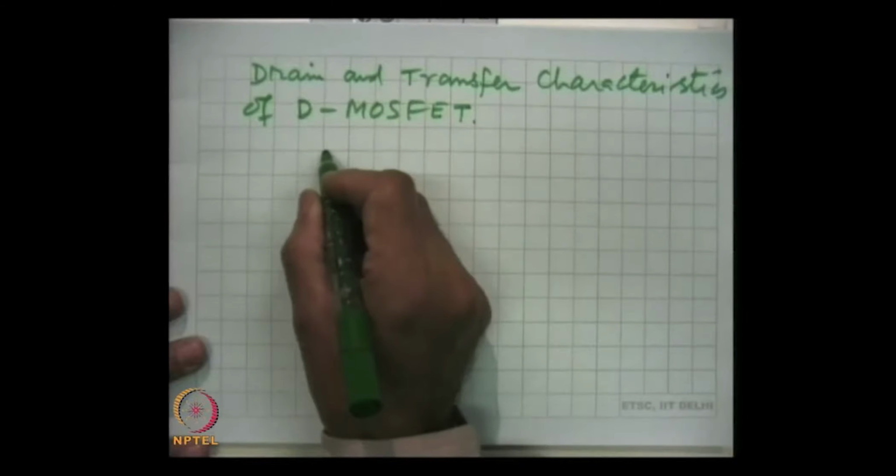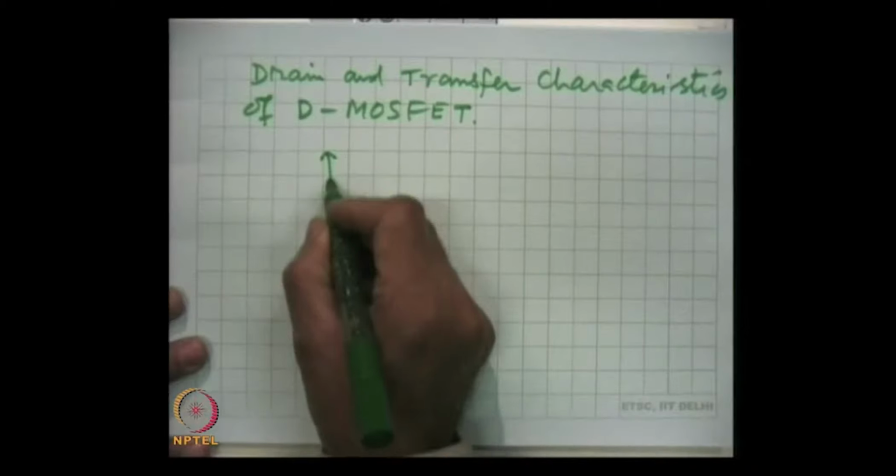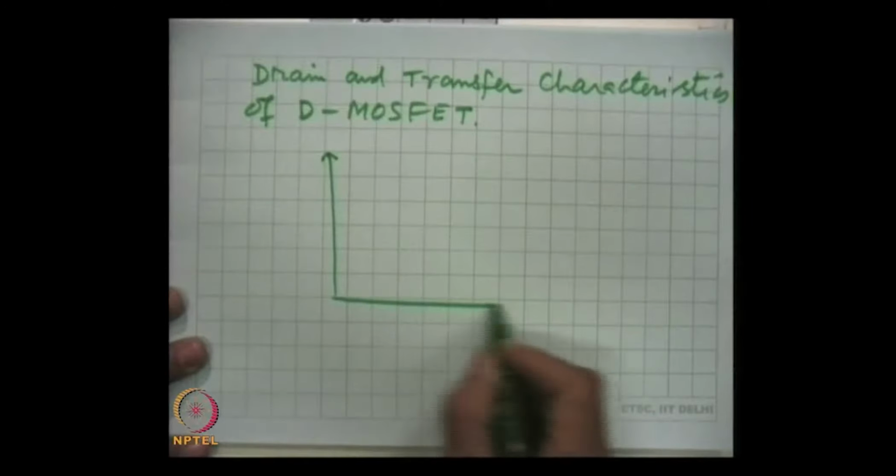When we apply a positive voltage to the gate, it will induce negative charges in the channel region, and hence the conductance will increase, and it will keep on increasing when we increase the positive gate voltage further. So, the drain characteristics are like this.